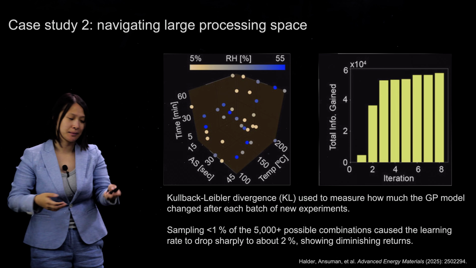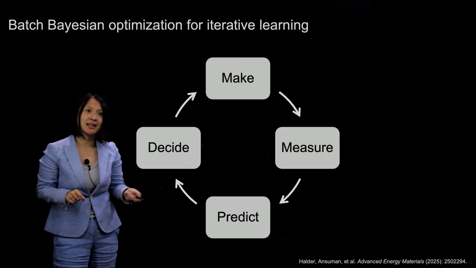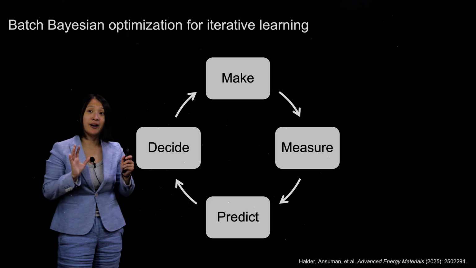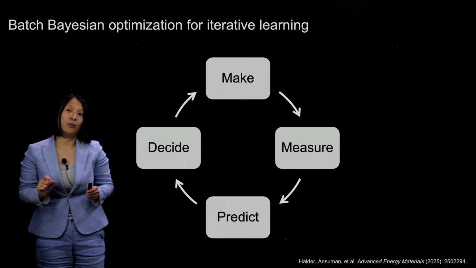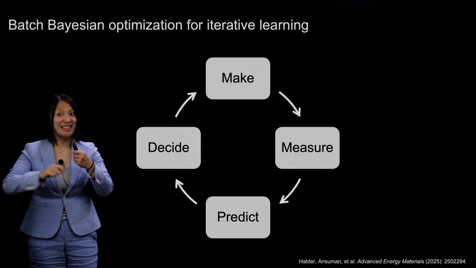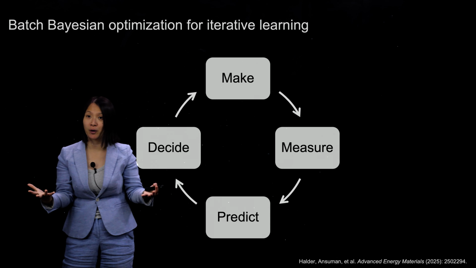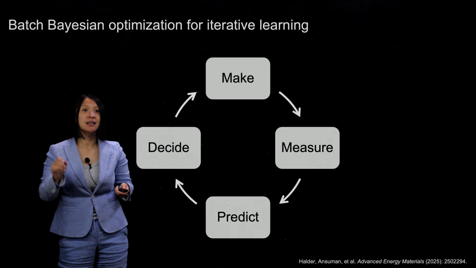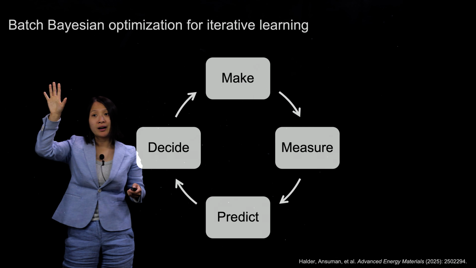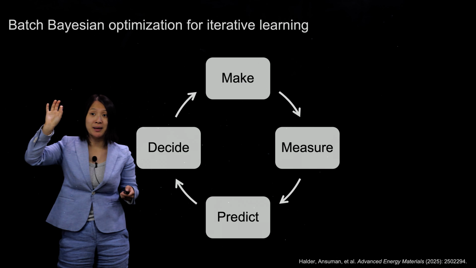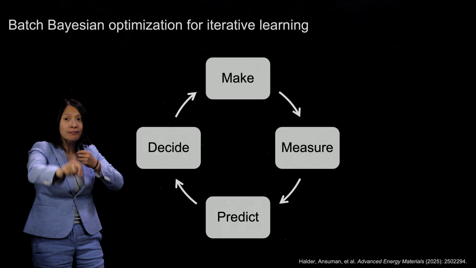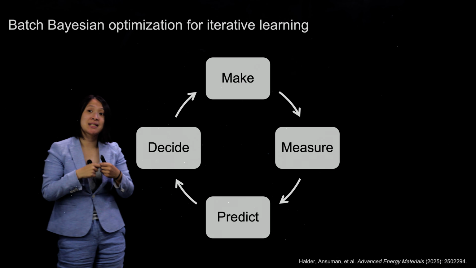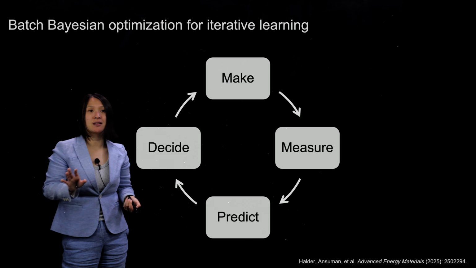So in this case study, there are two interesting things in terms of designing the Bayesian optimization framework in real-life R&D projects. First, instead of doing Bayesian optimization by sampling one more experiment each time, we're using batch Bayesian optimization.